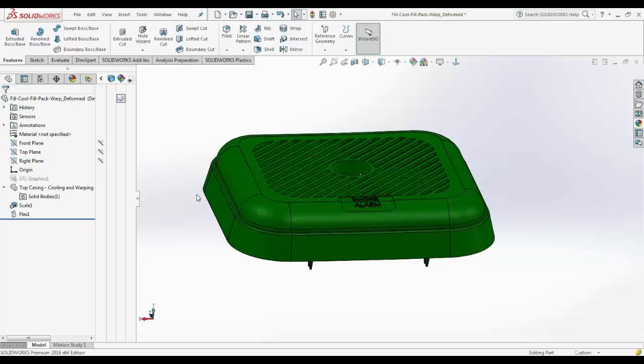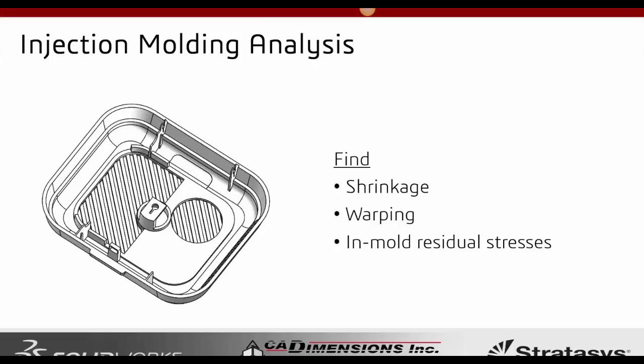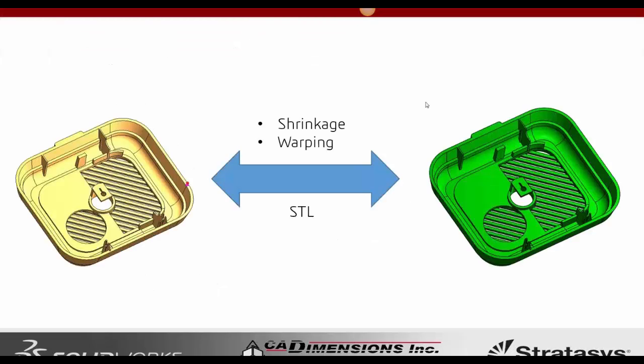So just to recap here, what we really did was we took our SolidWorks part, the actual geometry for your final part, and that's how it was created. You ran a SolidWorks plastics analysis on it, fill, pack, and warp analysis.